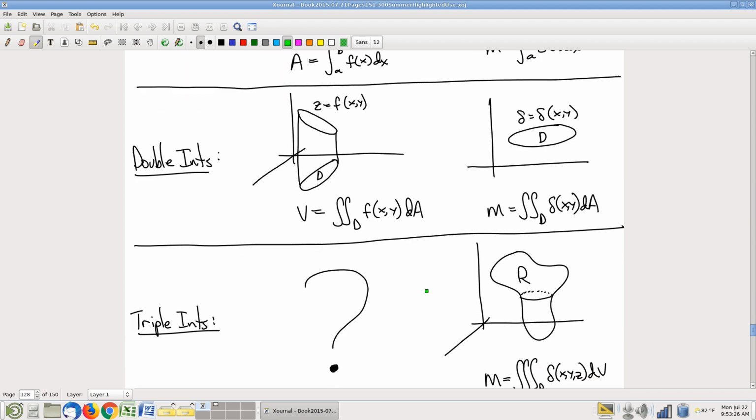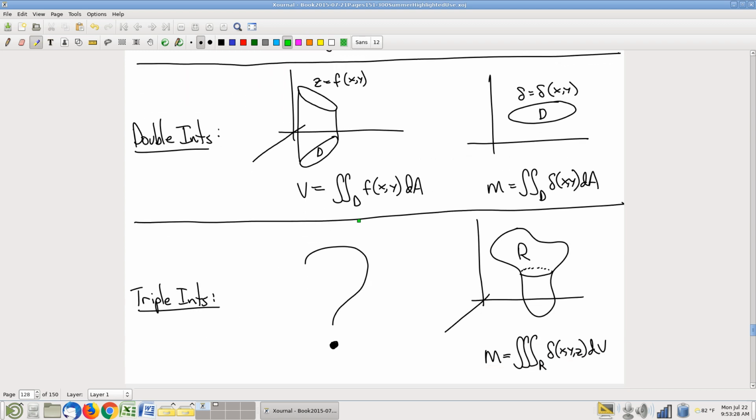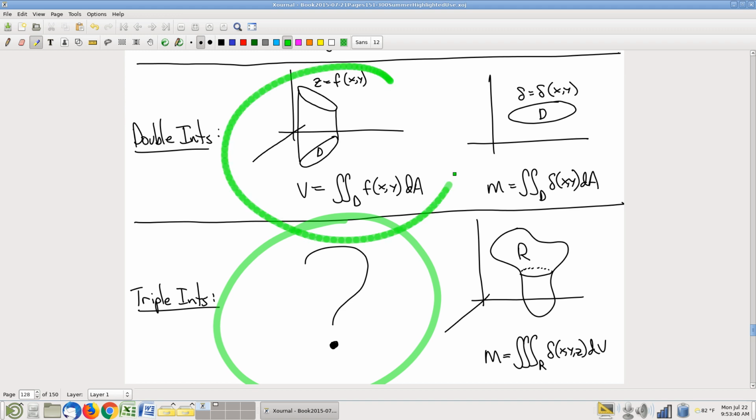Following the pattern, I should look at a function whose output is a function of three input variables, and it would be a four-dimensional picture, and I can't even fake it to be able to draw that. I just can't do it. I mean, I kind of had to fake it to draw the three-dimensional picture. This always kind of makes me laugh. It's like I'm trying to con you into believing that angled line is coming out of the page, right?